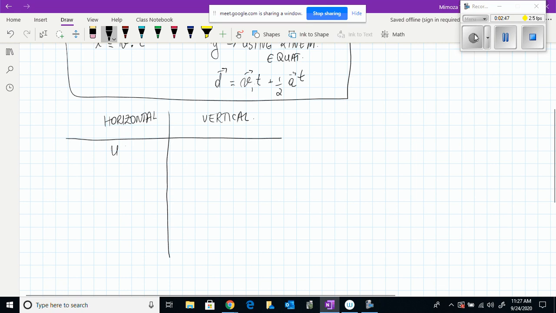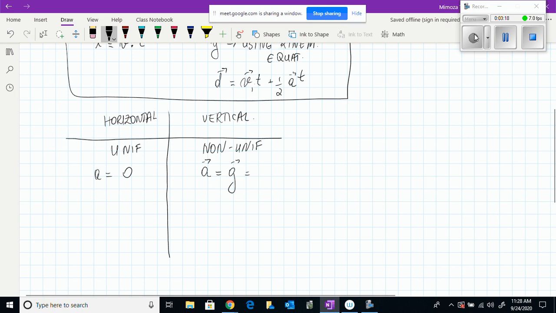In the horizontal, as we said, we have uniform motion. On the vertical, we have non-uniform motion. This means that on the horizontal, acceleration is equal to 0. And in the vertical, acceleration will be the acceleration due to gravity.